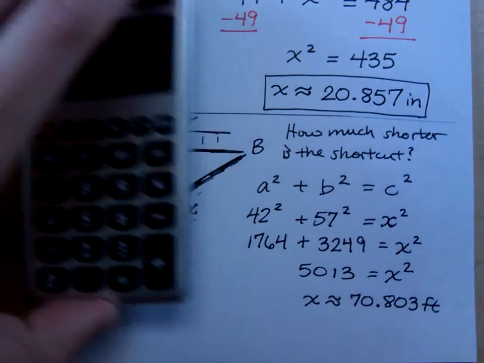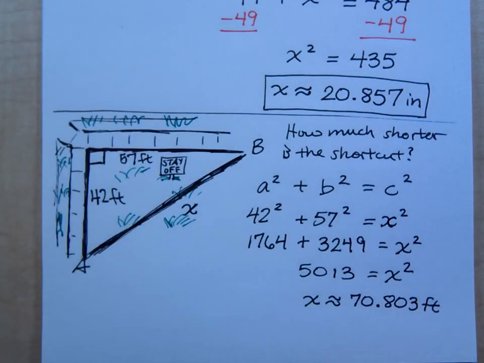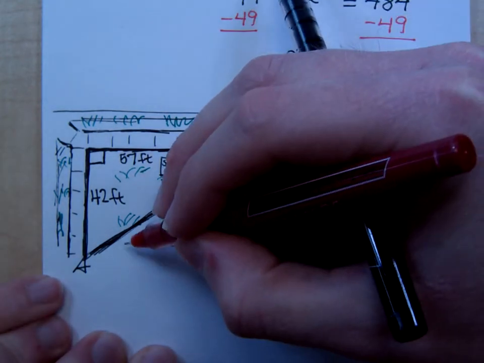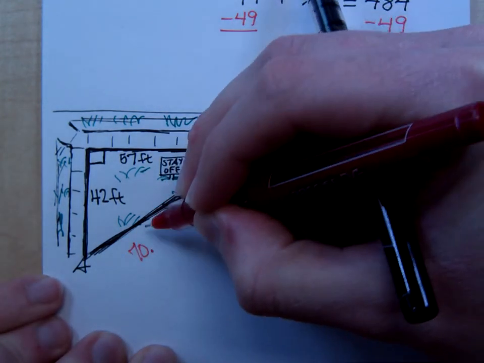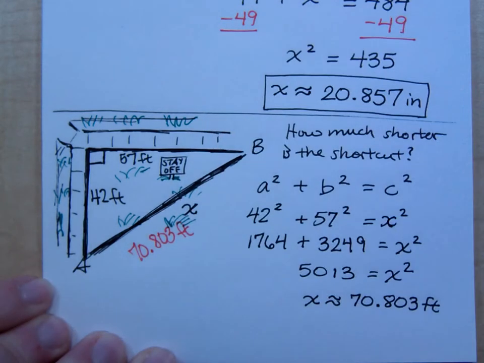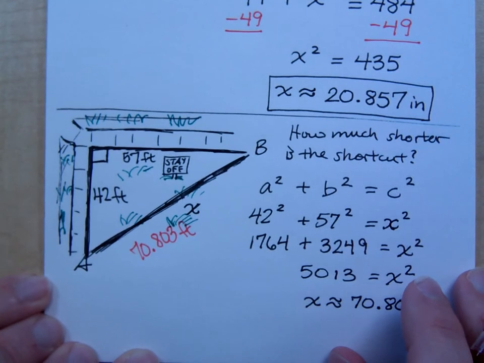How much shorter is the shortcut? So I'm saying that this shortcut from point A to point B is about 70.803 feet. How do I figure out how much shorter it is? What do I do? Say it louder.